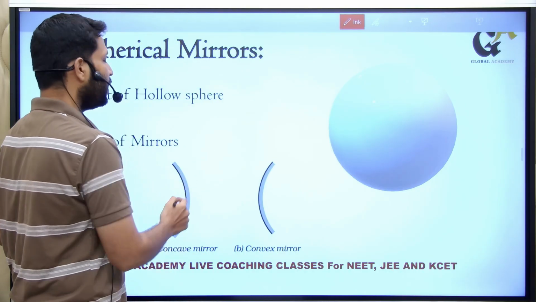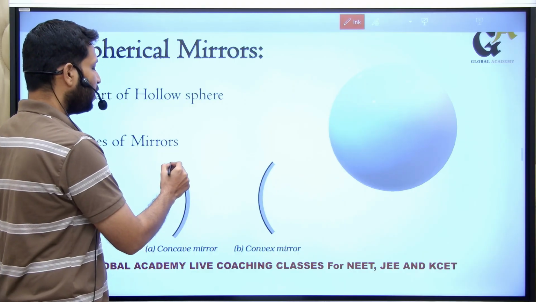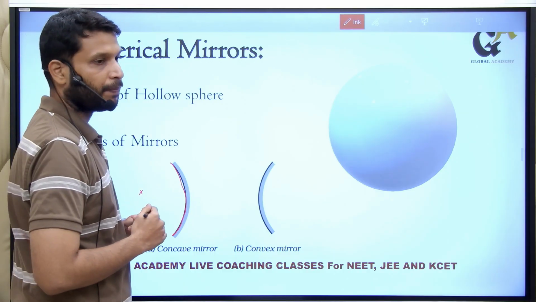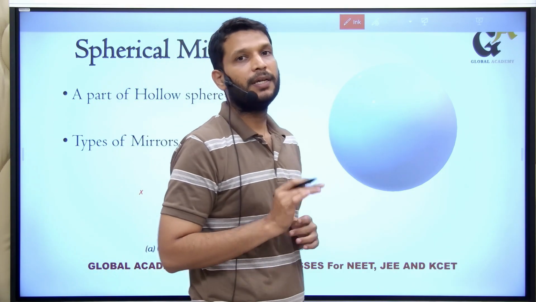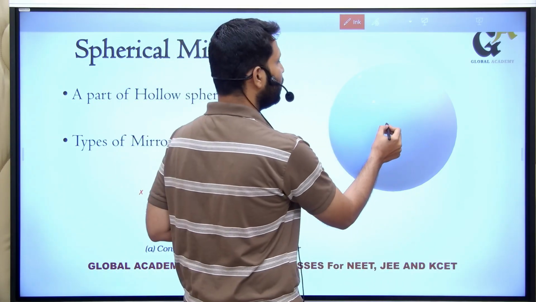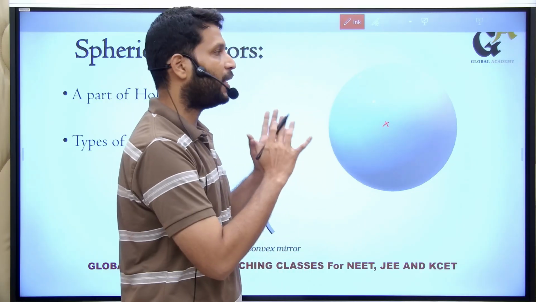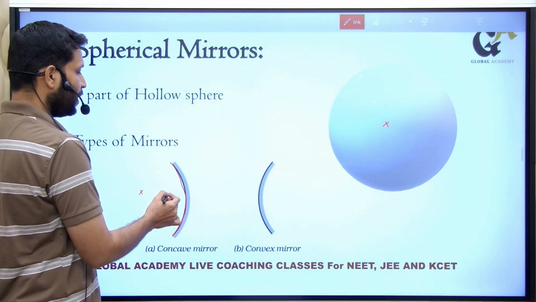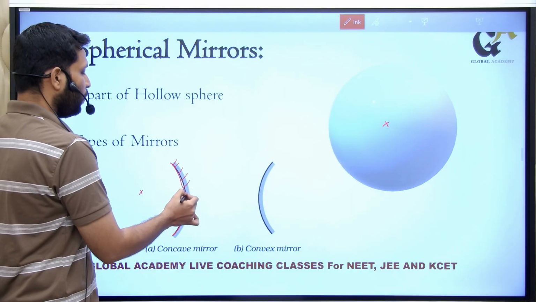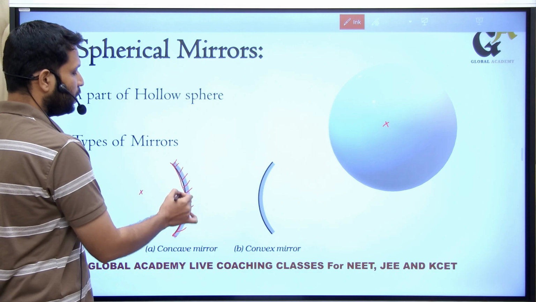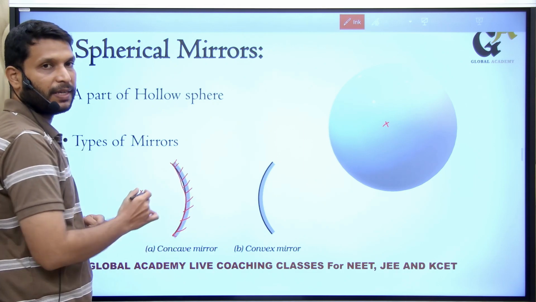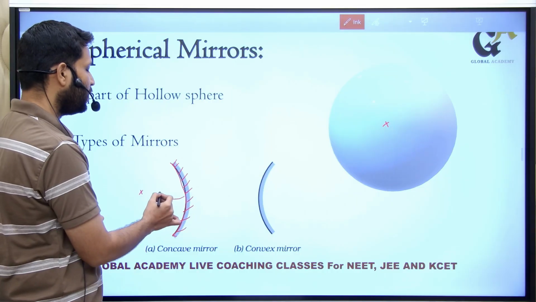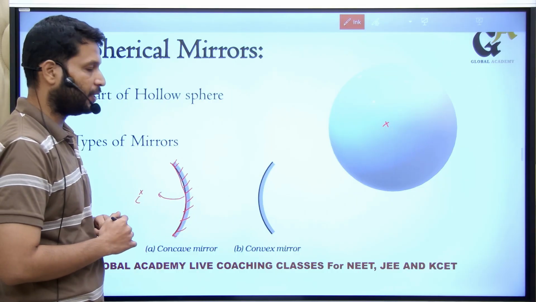Concave mirror is a mirror in which the reflecting surface lies towards the center of curvature. What is meant by center of curvature? A center of curvature is the center of the sphere from which you have taken the part of the mirror. So now in the first case you have one smooth reflecting surface and another one is a rough surface. In this case, the smooth reflecting surface is towards the center of curvature, right?